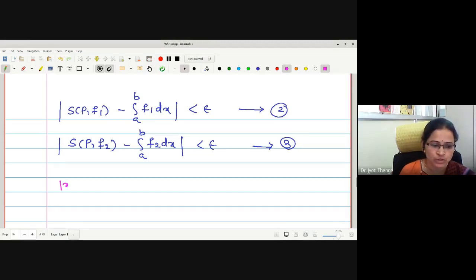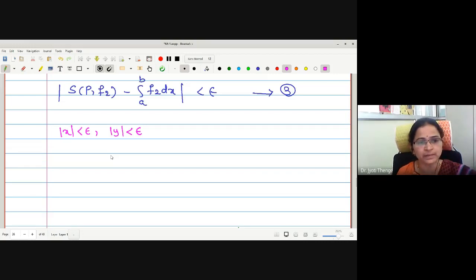See, here I will show you. Suppose I have mod x less than epsilon, mod y less than epsilon. Now we will multiply this by c1, this by c2 and add. Then c1 mod x plus c2 mod y is less than c1 epsilon plus c2 epsilon.